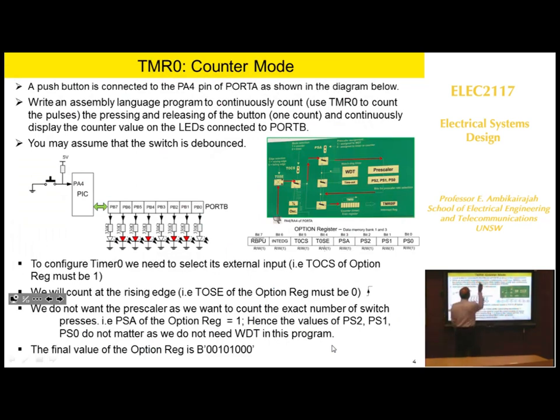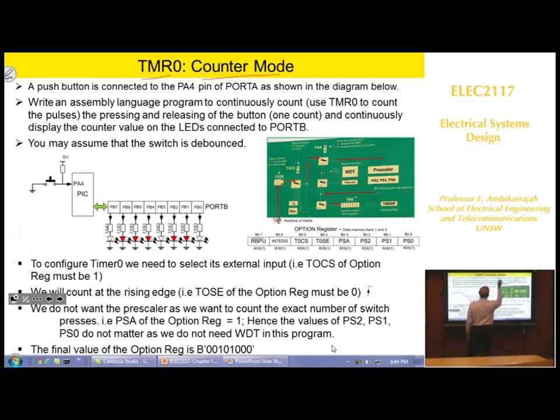So we are going to look at the timer in counter mode. How are we going to do this? I'll do this as a question. A push button is connected to PA, that's here. We need to program it as an input port, and write an assembly language program to continuously count the number of pulses.